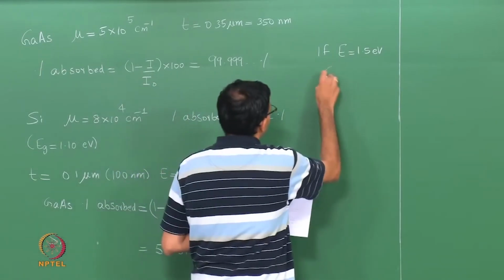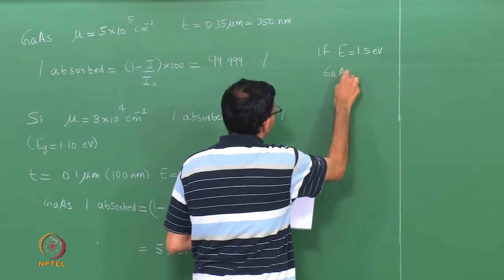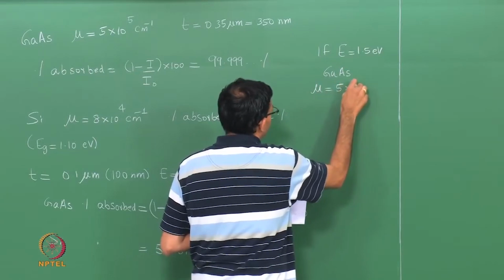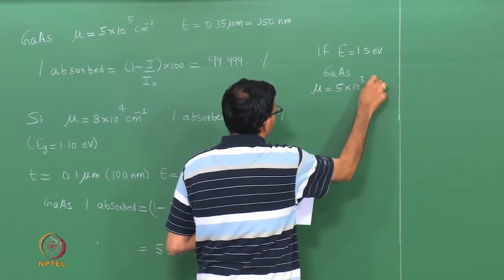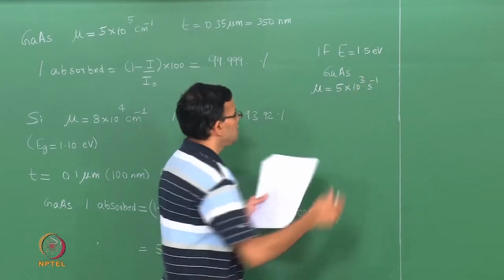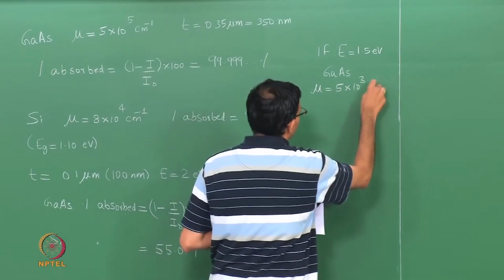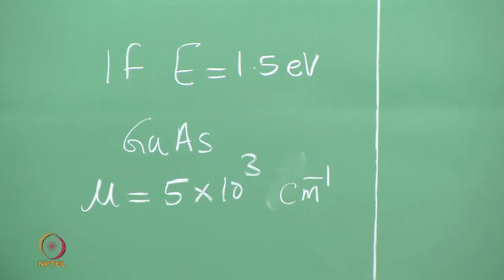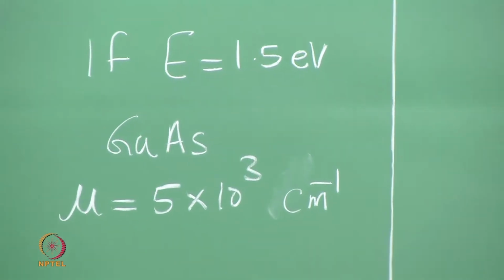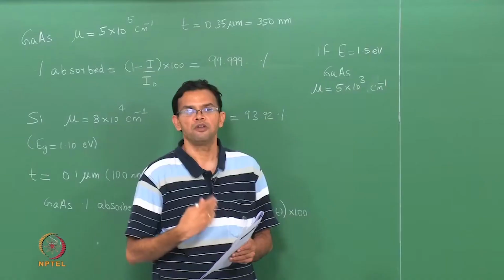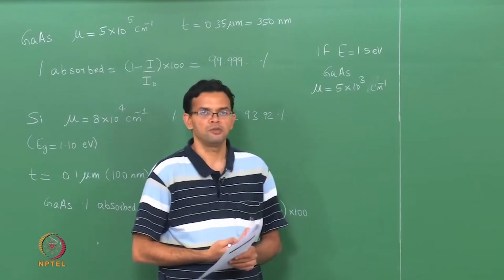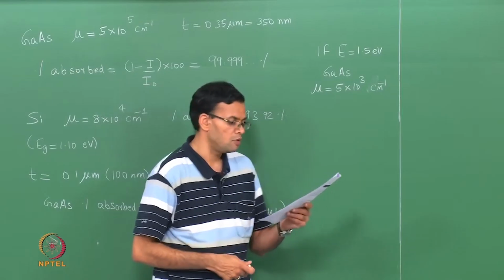For gallium arsenide, mu is lower, so it is 5 times 10 to the 3 per centimeter. So, this is still above the band gap, but it is very close to the band gap, so that the number of available states are small. So, correspondingly the absorption coefficient is also small.